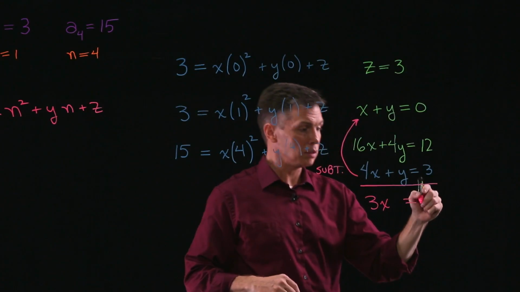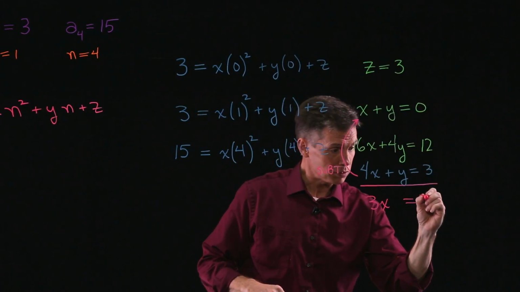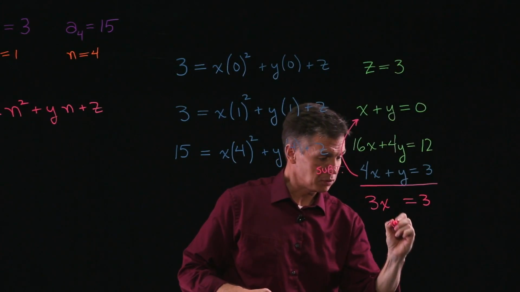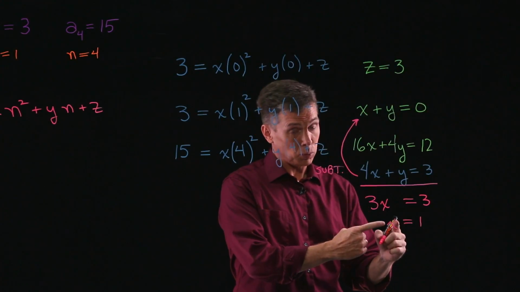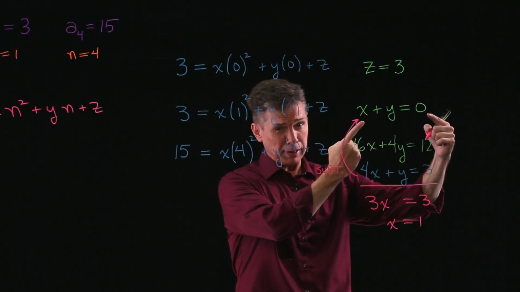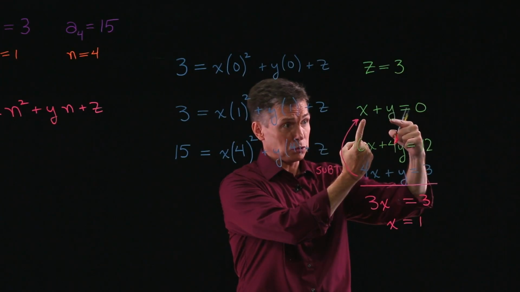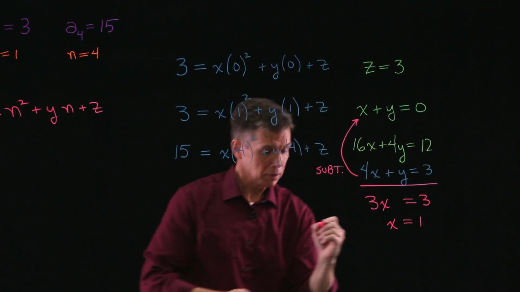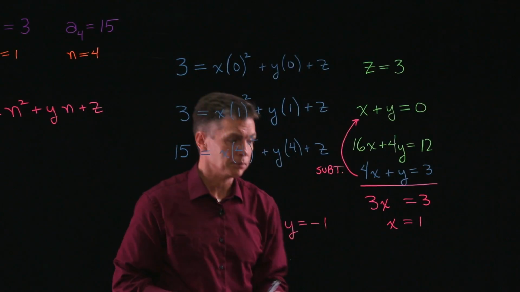And on the right side of the equal signs, 3 minus 0 is 3. You see how that gives you a nice answer for x pretty darn quickly. X equals 1. Now I'll figure out what y is. I'll choose right here to do that. Because if I know that x equals 1, and that plus y is supposed to equal 0, that tells me that y equals negative 1.